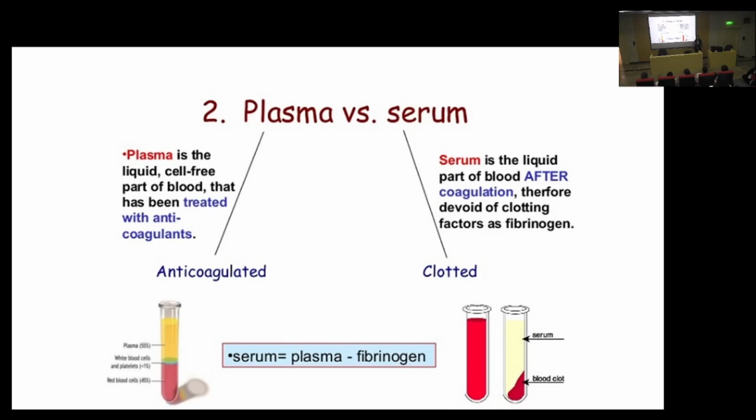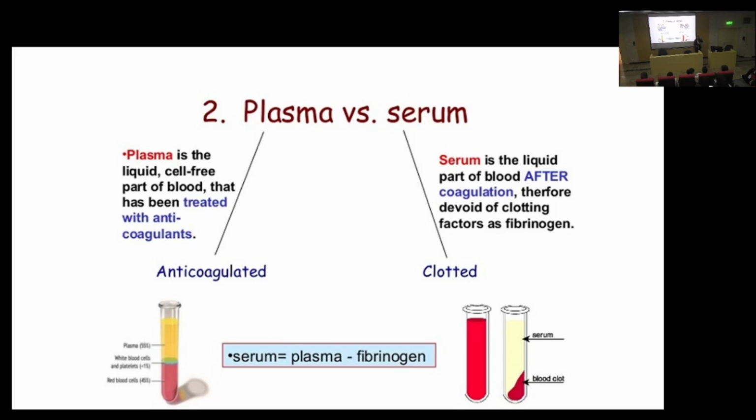So then you will consume them, you will use them in this clot. So this liquid part is exactly the same as plasma, but without the proteins that are involved in coagulation. So without the clotting factors, and more importantly, without the fibrinogen, which is a component of this blood clot.